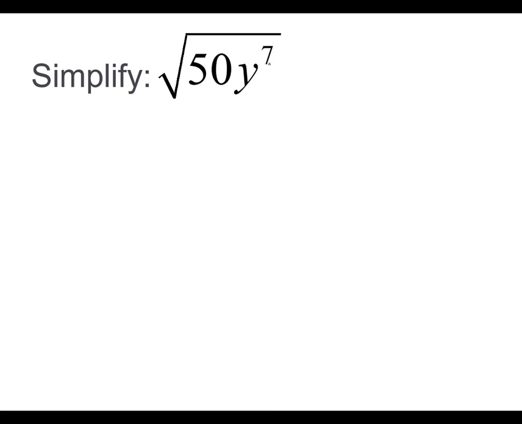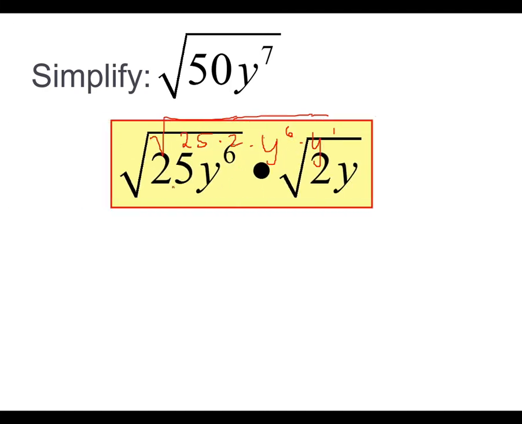50y raised to 7. So, that is square root of 25 times 2. Then sa y, even lang, y raised to 6. May matitira pa kayong y raised to 1. No? Yan. So, ang sineperate niya lang yung merong perfect square root. Sineperate niya yung 2.